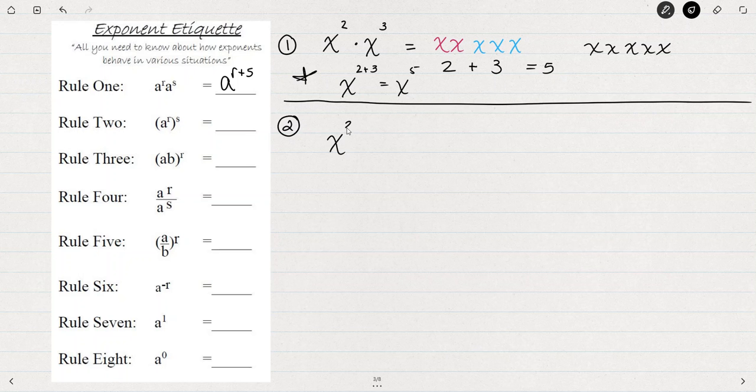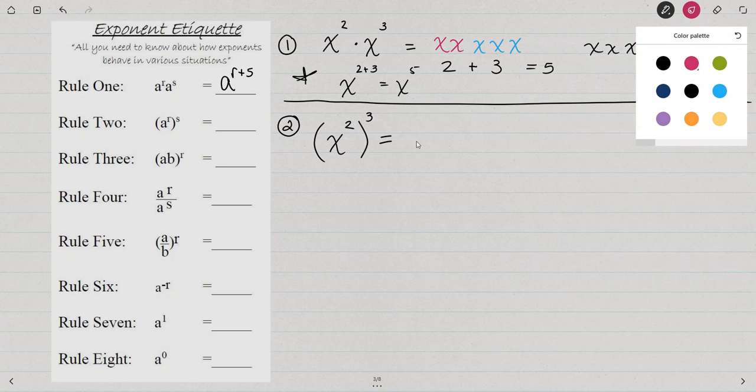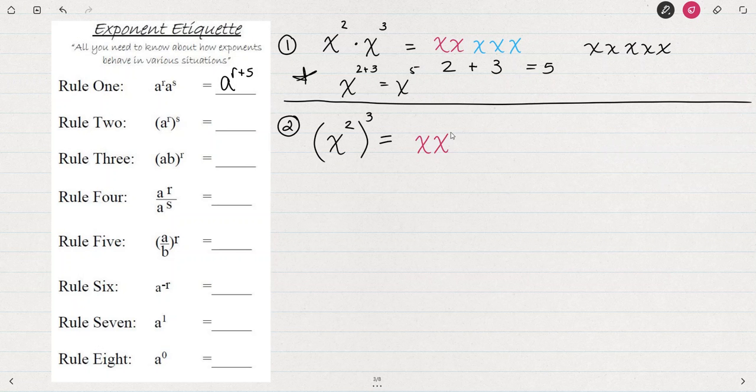If we took our x squared and this time we raise it to the 3rd power, do you see what that would look like? Here's an x squared, a second x squared, and we need 3 of them, a third x squared. So we get 3 groups of 2, right? So 2 plus 2 plus 2, or it's repeated addition.